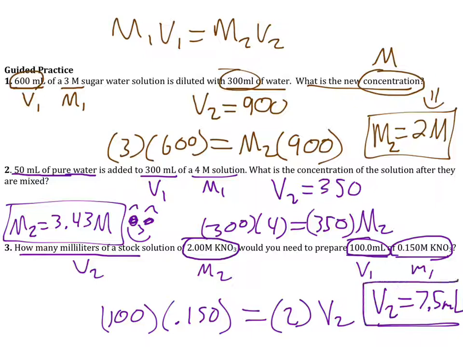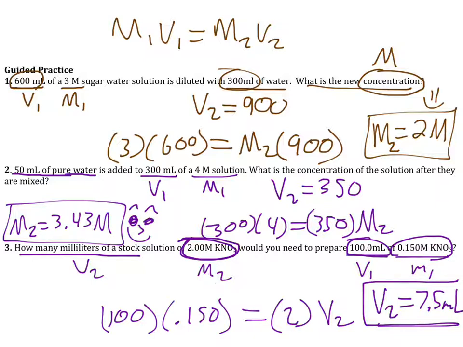Now, this is the answer to this problem, but I want to talk about what are we really doing here. If we have a stock solution, and it's a 2 molar solution, what we would need to do is measure out 7.5 milliliters of that solution.